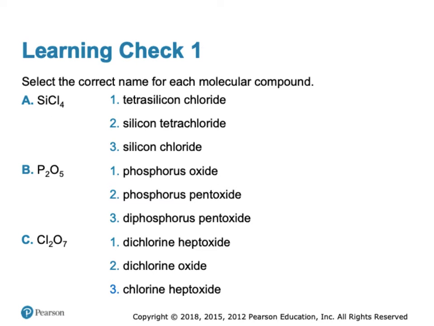Here's our learning check. Pause your video and answer the following questions. So we have SiCl4. Si is silicon and Cl is chlorine. So it should be silicon tetrachloride because there are 4 chlorines. The next compound is we have phosphorus and oxygen.